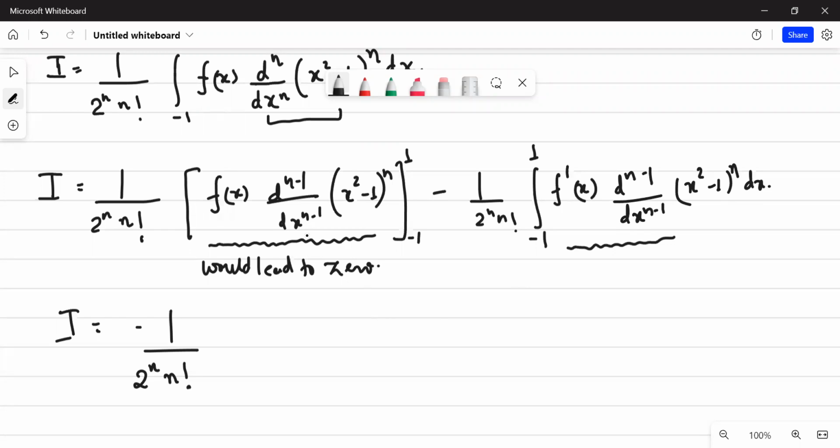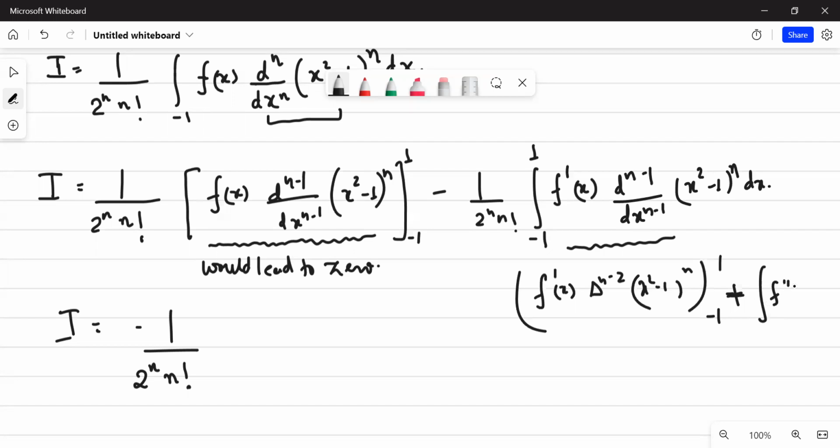So in any case, the first term would always go to 0. मैं जो समझाने की कोशिश कर रहा हूँ वो ये है, if you again try to do an integral by parts here, this particular term will come out as f dash, and then you will have d n minus 2 x square minus 1 ki power n. This is from minus 1 to plus 1, and then again minus, and this will become plus because there is always a minus here. So this will be integration f double dash, I'm not writing constant, and then this will be d n minus 2 x square minus 1 ki power n.